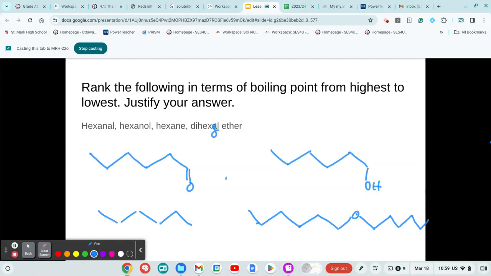It's going to have hydrogen bonding, and it's polar. This one also has a hydrogen here, so it will have some polarity, but no hydrogen bonding with itself. This one, again, is large. It's got some polar bonds. This one is not polar, so it'll have the lowest boiling point.